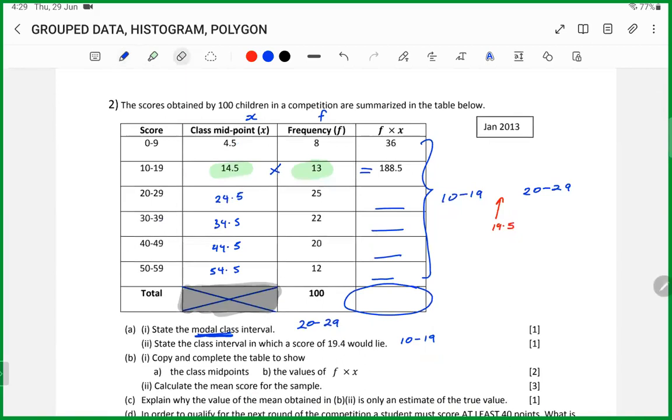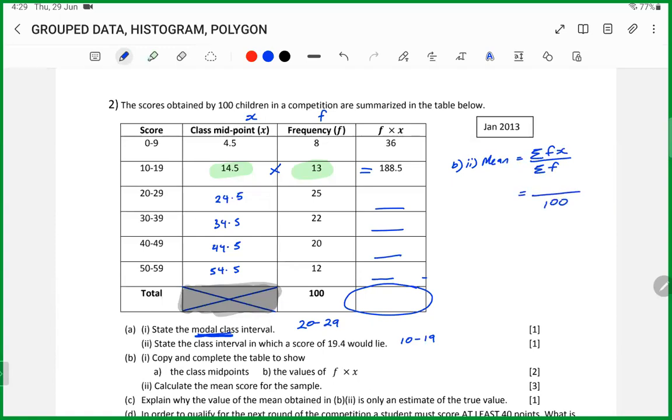And then when it's time to find the mean, the mean for part B, part 2, the mean is the sum of fx over the sum of f.